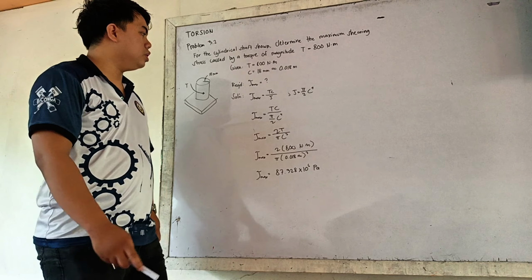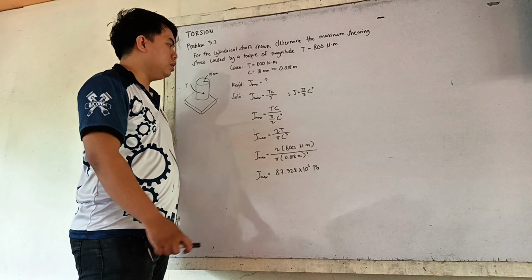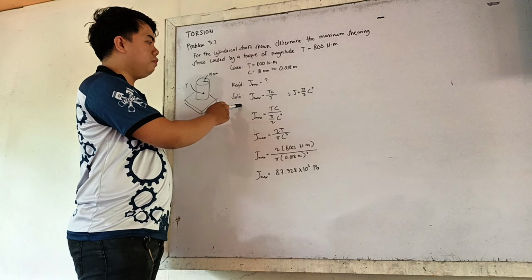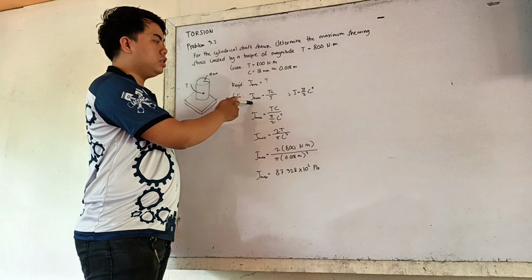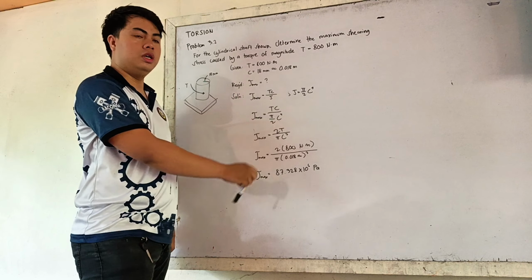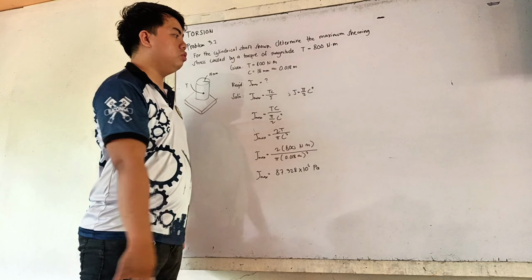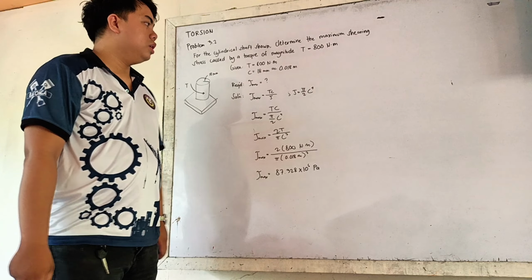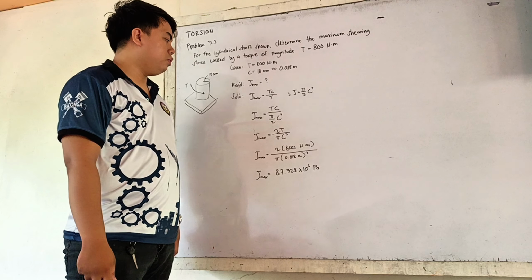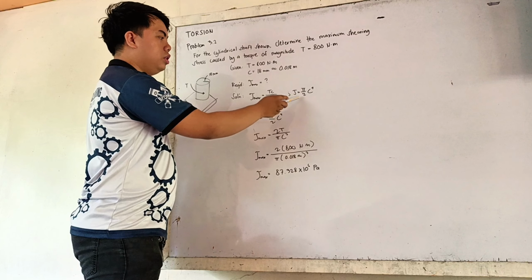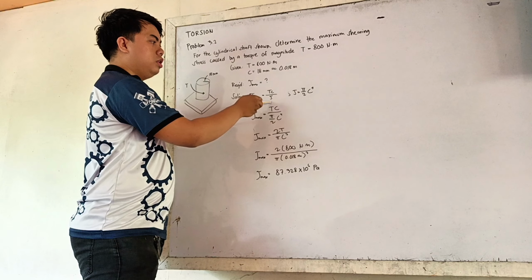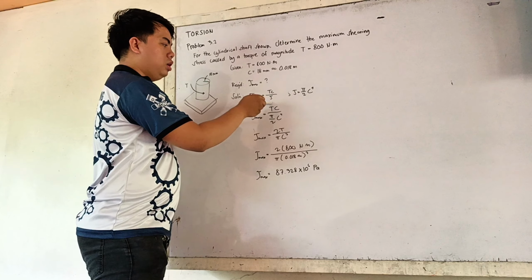So the same as the previous one. Our formula for the maximum shearing stress is equal to TC over J, whereas our J is equal to pi over 2 times C to the power 4. So plug in this value into this one.